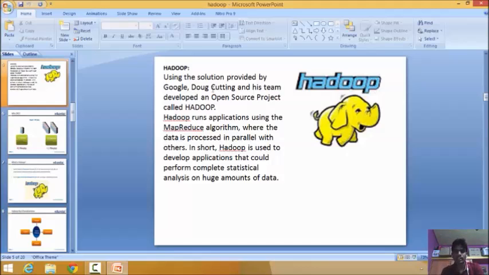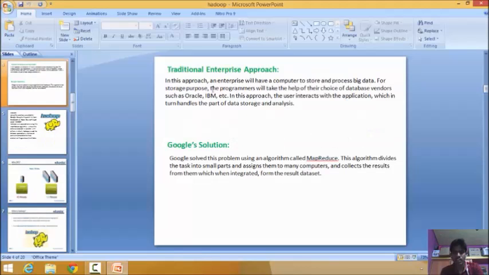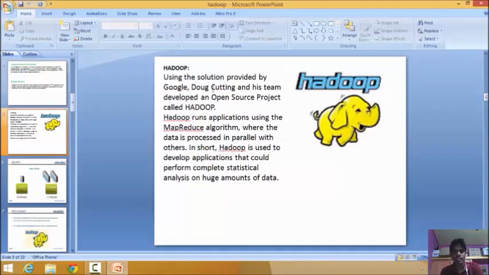Using the solution provided by Google, this MapReduce algorithm, Doug Cutting and his team developed an open source project called Hadoop. They adopted the Google file system and developed an open source project called Hadoop.